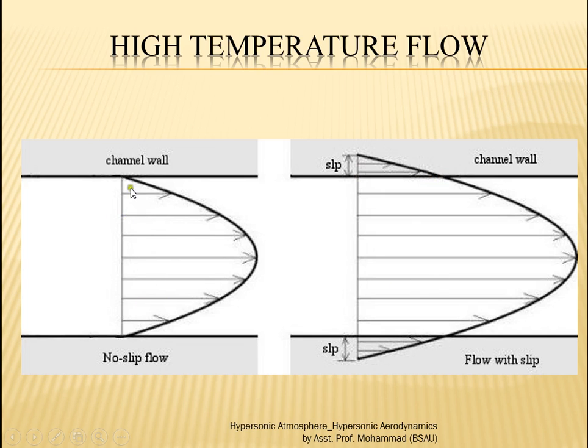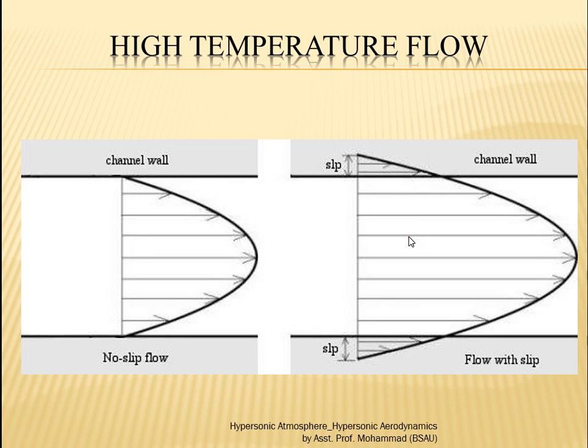You can see that in the normal cases, when we have the continuum concept, we have this kind of flow velocity profile inside the fluid. And now if it is flowing at hypersonic speed, if continuum assumption is broken and the mean free path is large enough, then we normally get some non-zero velocity at the surface of the wall.